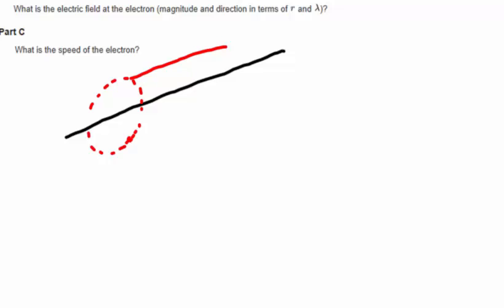Now, we should never attempt to encompass the entirety of an infinitely long wire, or all of the terms in Gauss' law will be infinity. So for that reason, we're going to cut off this cylinder that surrounds the wire, with some length that we will call L. Obviously, L is a variable that we invented for the purpose of solving the problem.